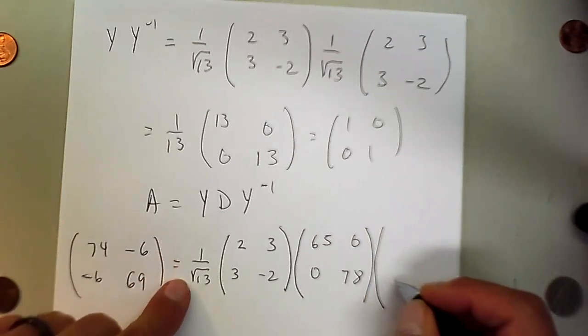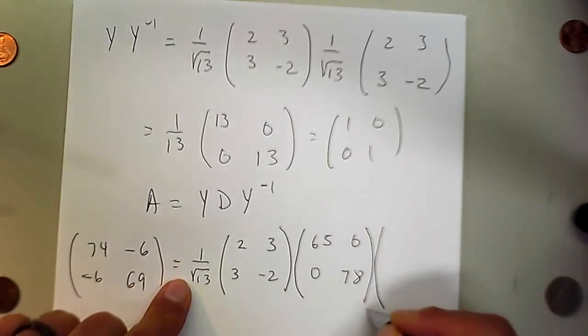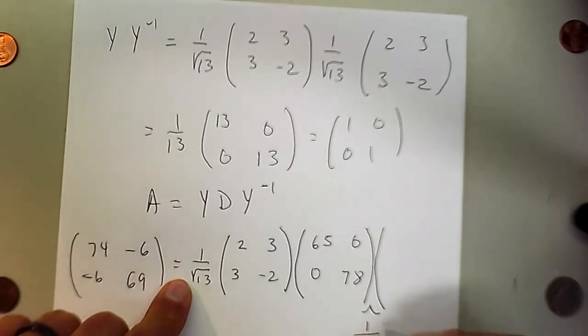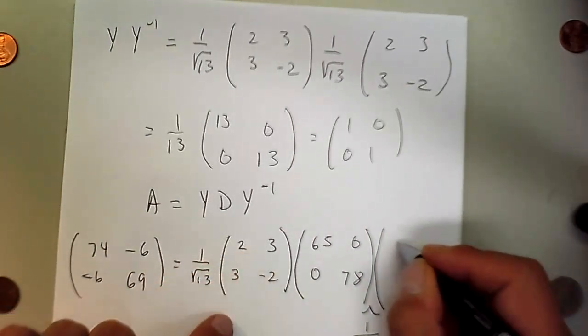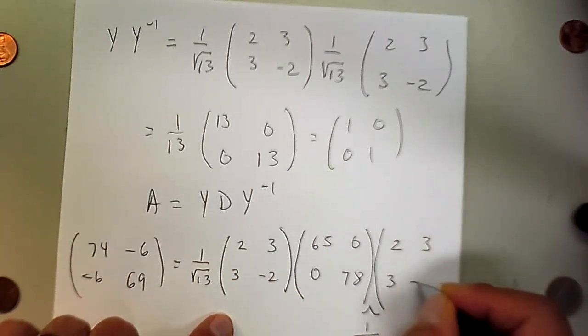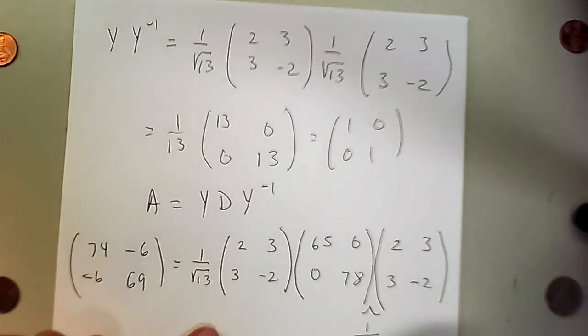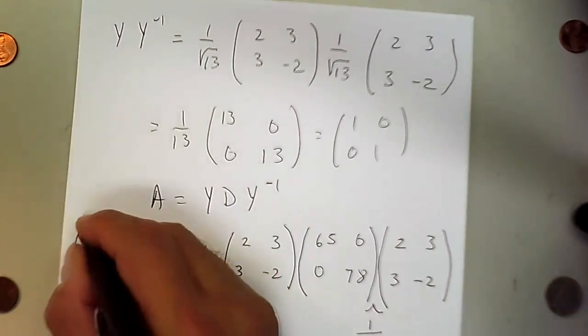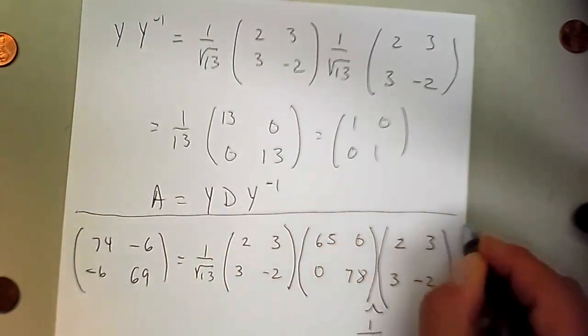I forgot to put the 1 over the square root of 13 in the middle, so let me put that in here. Then we have 2, 3, same matrix, 2, 3, 3, negative 2. And that's it.